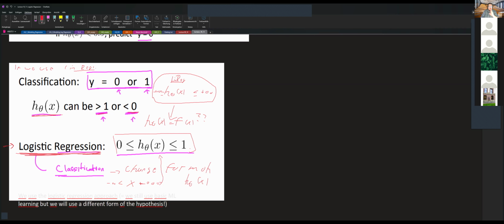So our x-axis can be anything, minus infinite, plus infinite, but we will have a function that will squeeze this between 1 and 0.